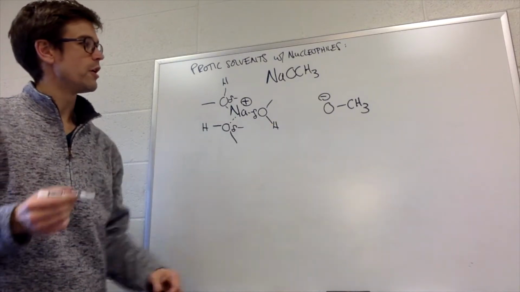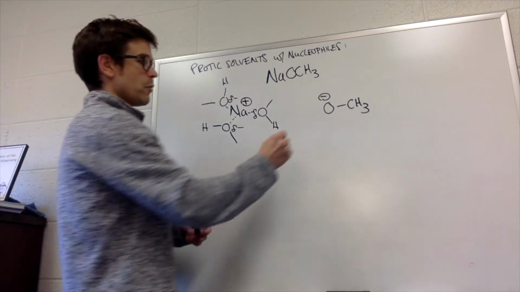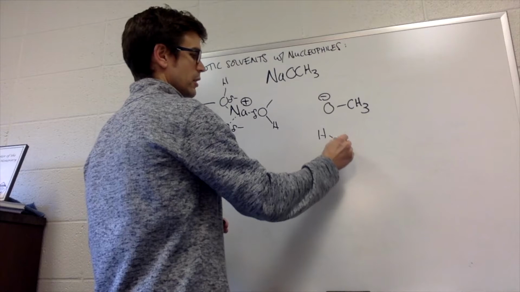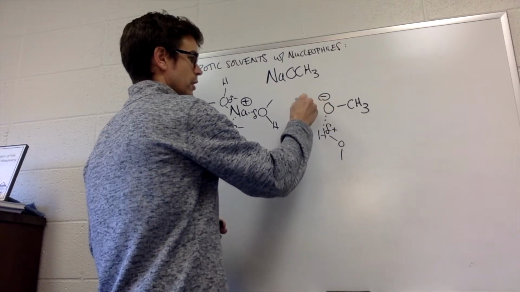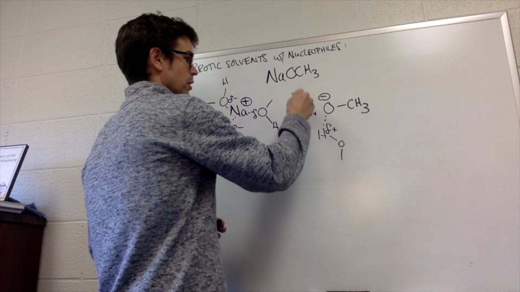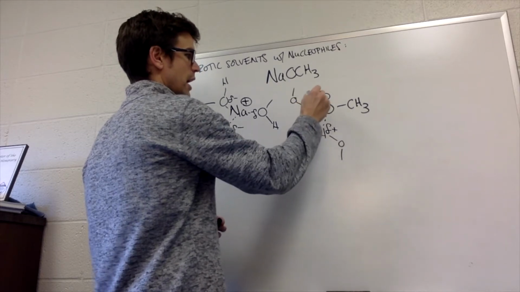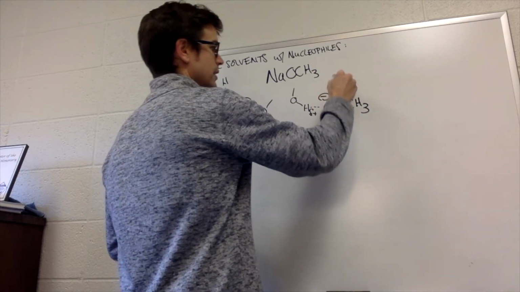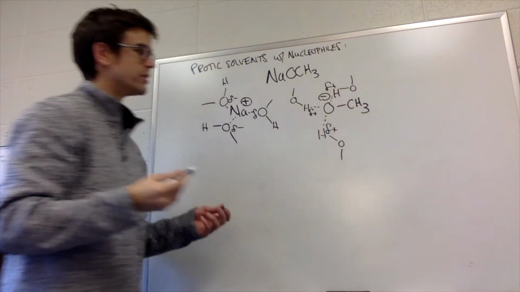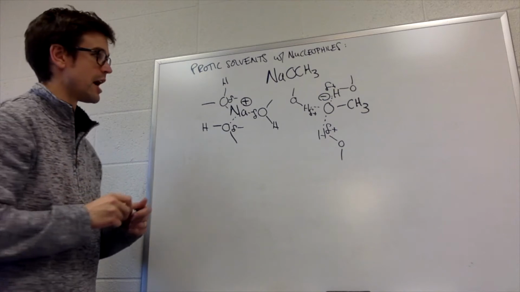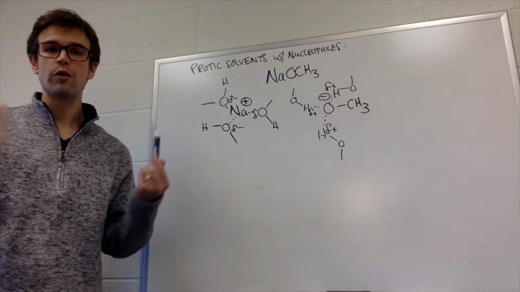Also, the OCH3 will be stabilized in the same way. We have the methanol partial pluses. They will essentially hang out with that negative charge, which stabilizes it, makes it of a lower energy.